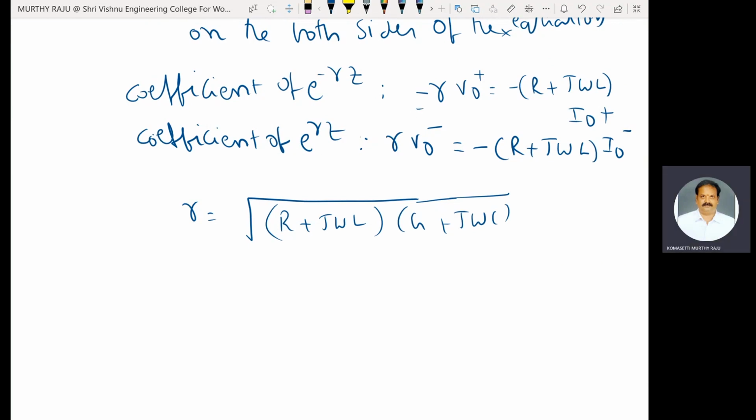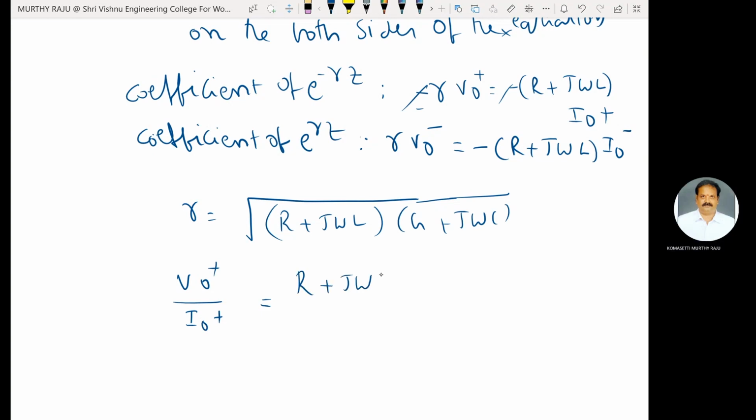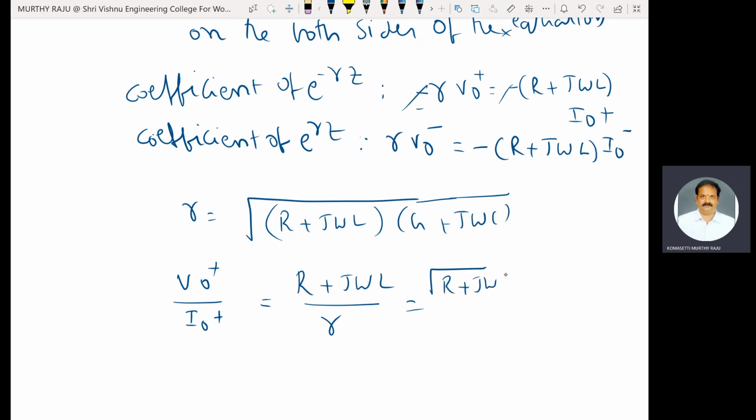From this equation, minus is cancelled. V0 plus by I0 plus is equal to (r plus j omega l) by gamma. This r plus j omega l is written as square root of (r plus j omega l) into square root of (r plus j omega l). The meaning is the same.